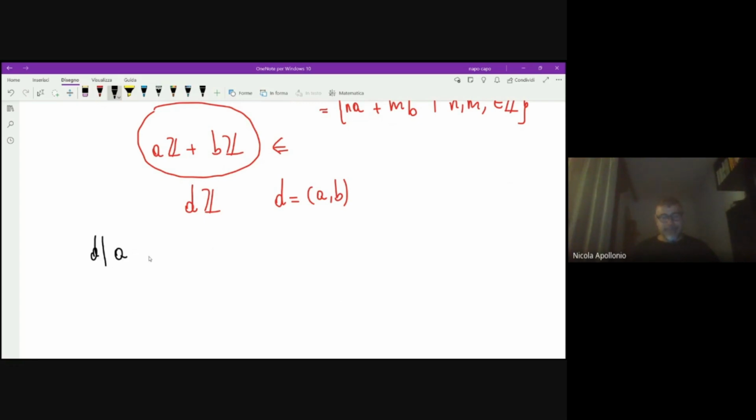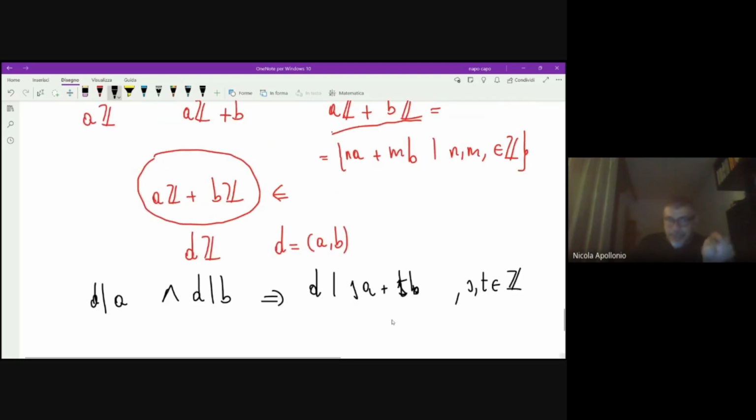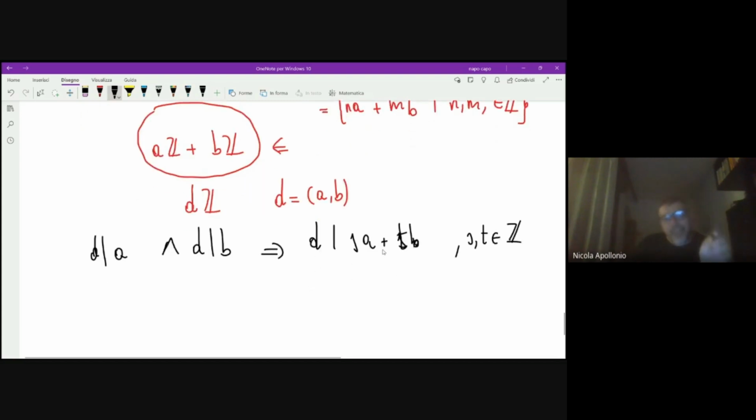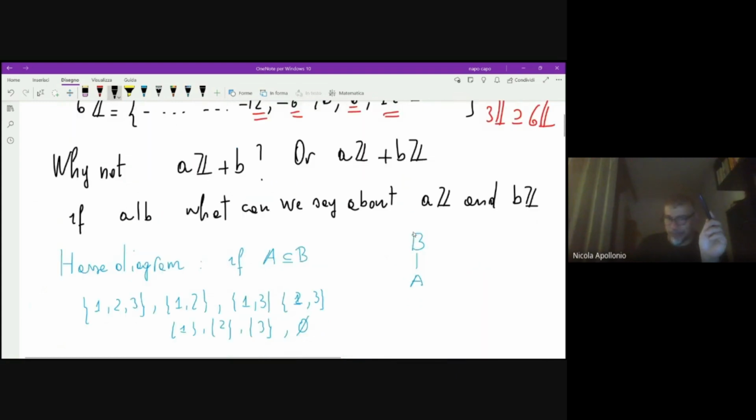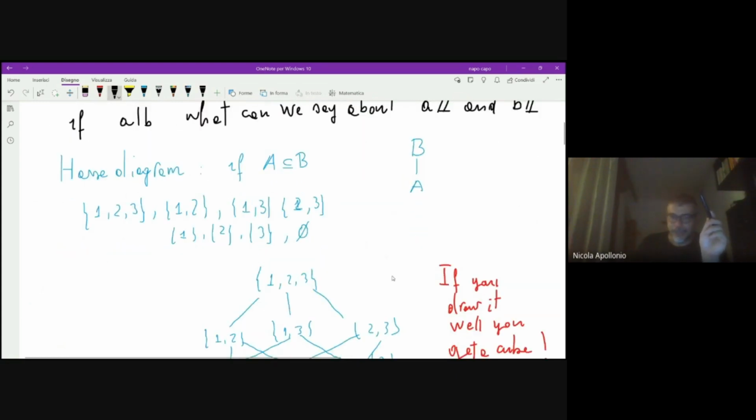If D is a common divisor of A and B, then D divides any integer linear combination of A and B. Please think for some time on this relation, and in the meantime, I will introduce another small device just to visualize the relation between these sets.